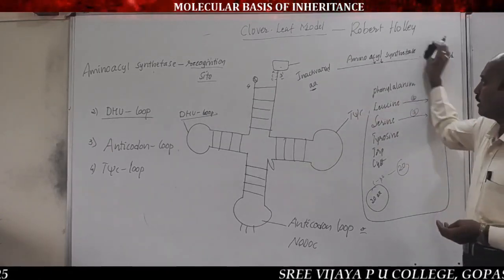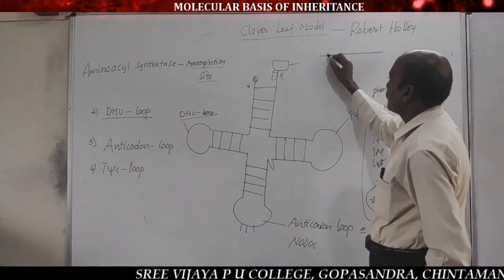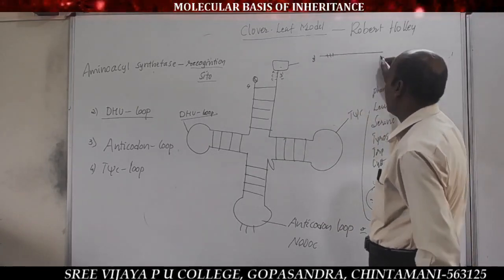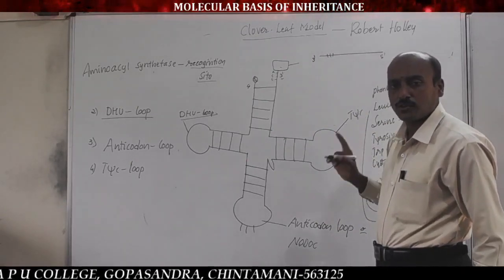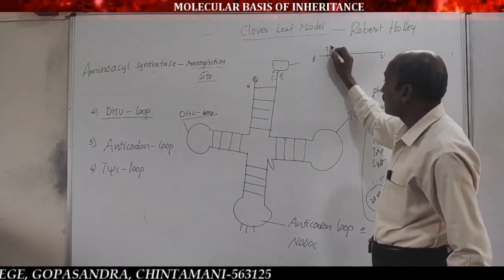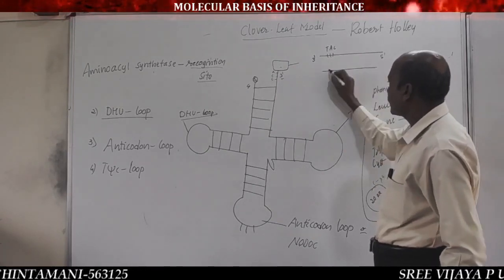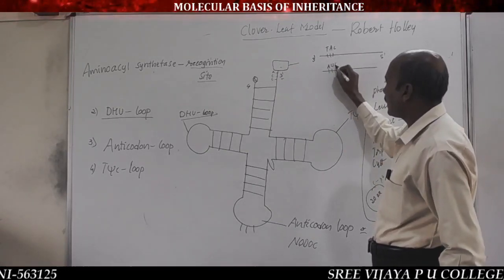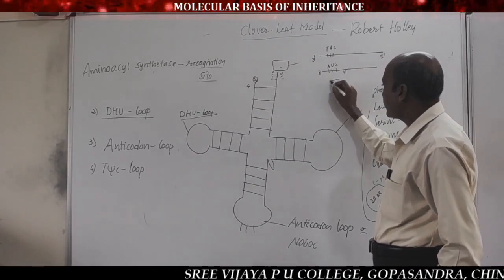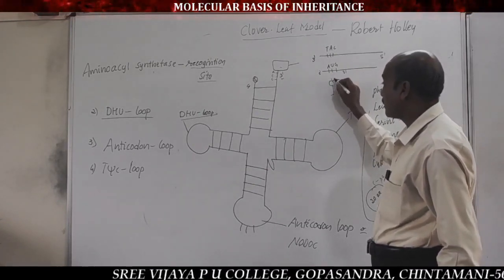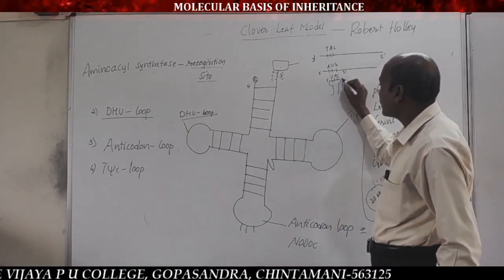For example, another simple example: say the 3' antisense strand of DNA, the antisense DNA template, contains TAC nitrogen bases, and the mRNA contains the AUG codon from 5' to 3'. The tRNA contains the UAC anticodon from 3' to 5'.